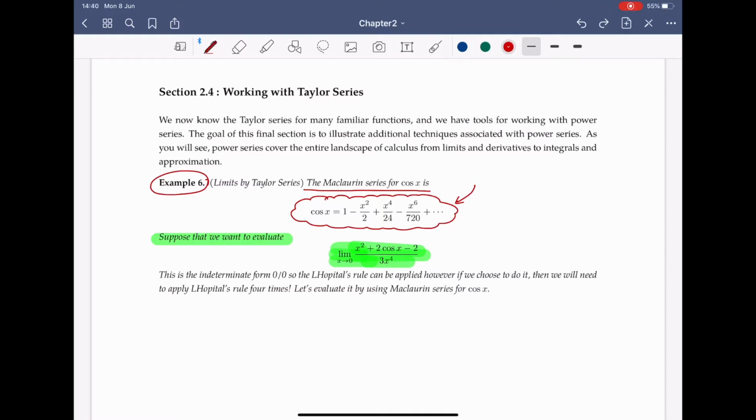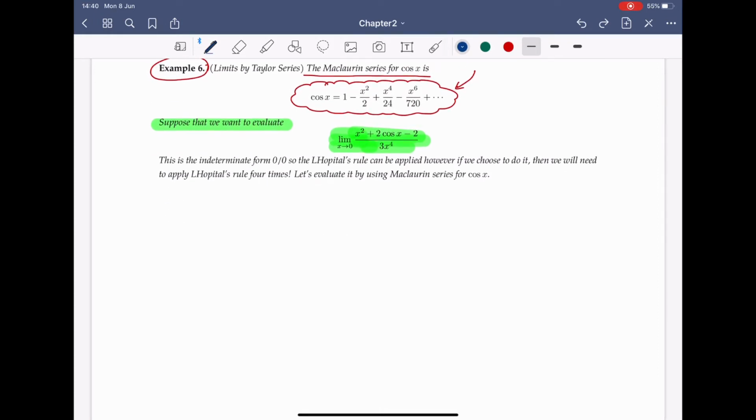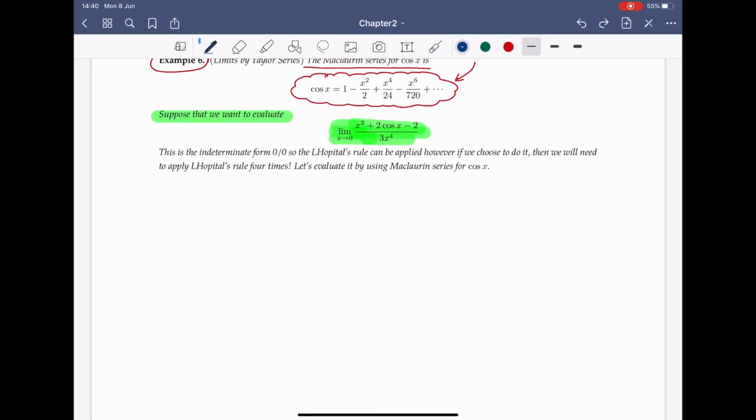So let's do it. We're going to start by saying that the limit of x squared plus 2 cosine x minus 2 over 3 times x to the 4th power, where x goes to 0.